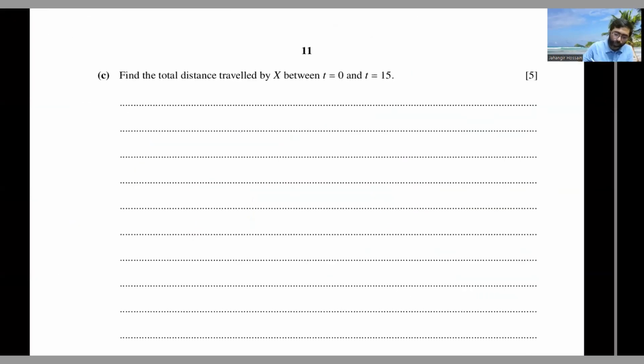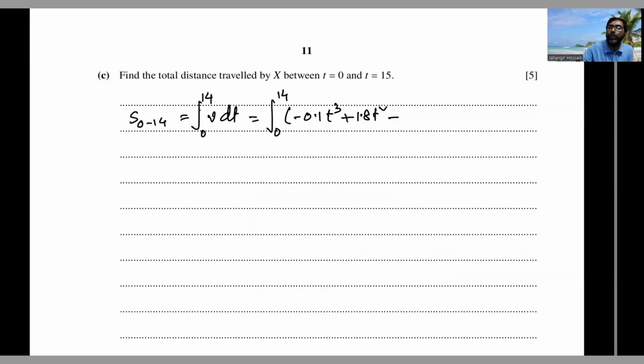Okay. So for the distance traveled in 0 to 14 seconds, we have to integrate the velocity in this interval. And velocity is minus 0.1 t cubed plus 1.8 t squared minus 6 t plus 5.6.